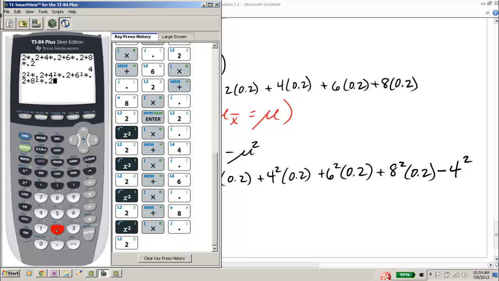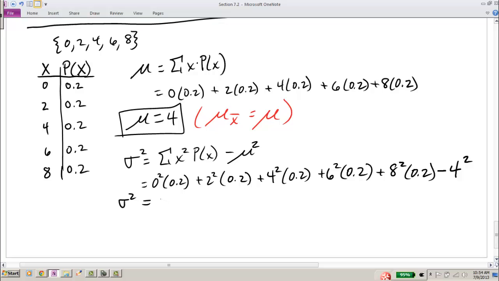All right, so the squares of each of the x values times their probability gives us 24.